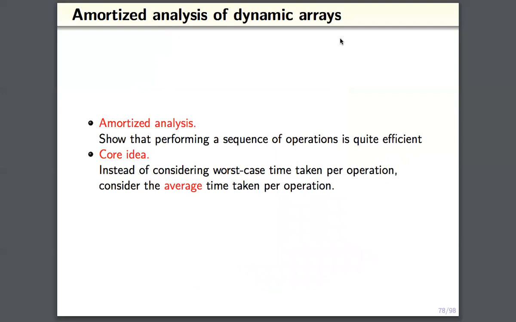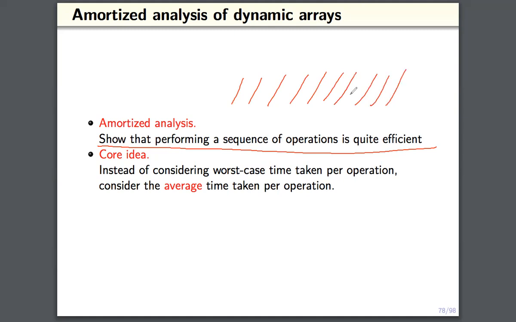Okay, so why do we need this amortized analysis? Because one operation might be slow. One of these add last is taking a lot of time. But suppose you are doing all these operations in a sequence, add last, add last, add last, add last. Some of them take 1 time, some of them take 4 time, 1, 1, 1, 1, then 8 time, and so on. It doesn't matter whether this operation took 8 or 4.